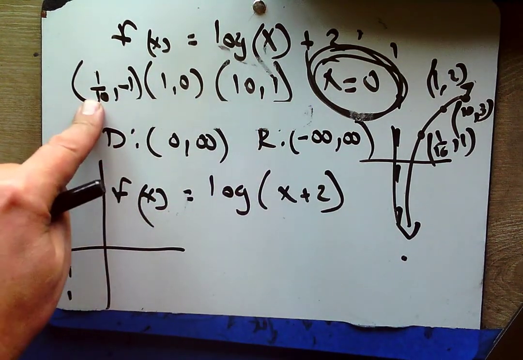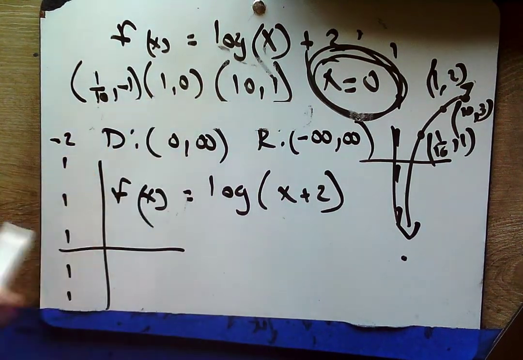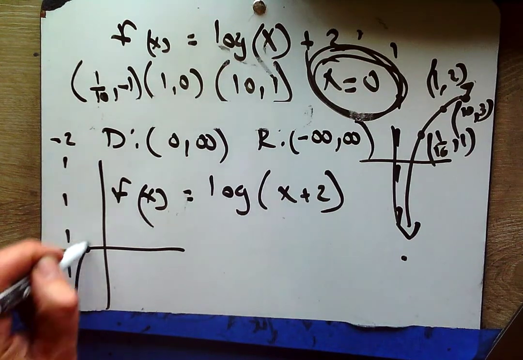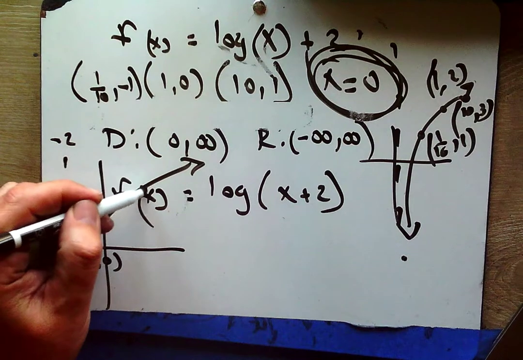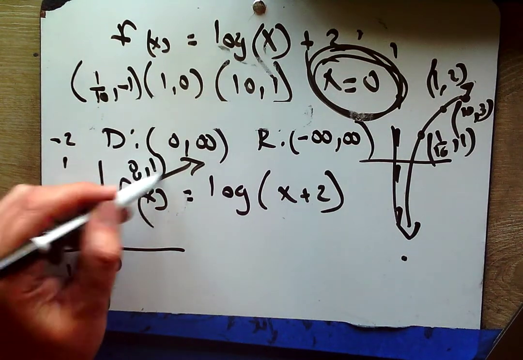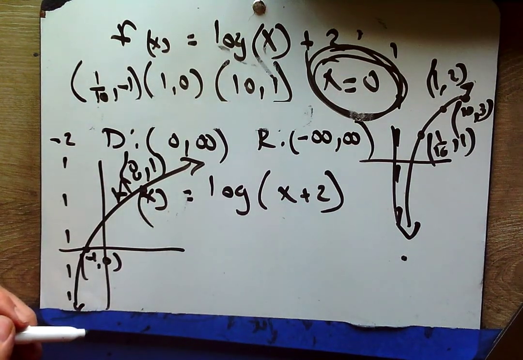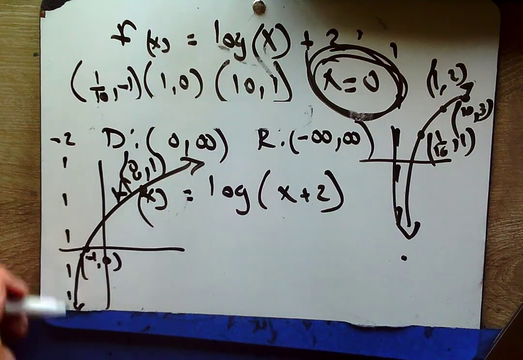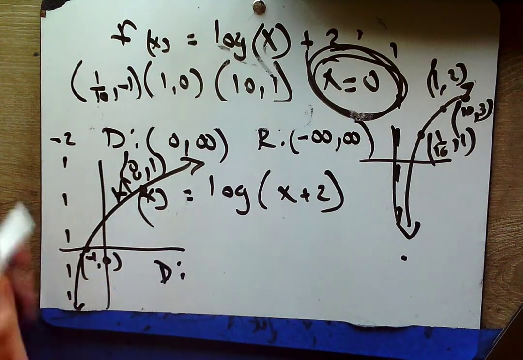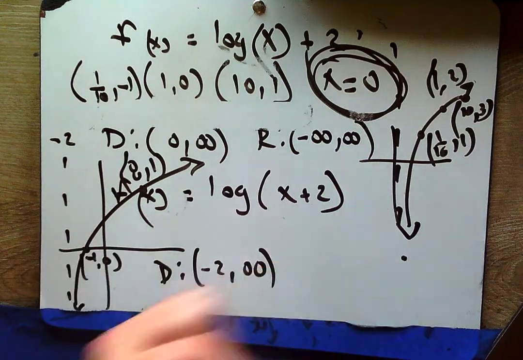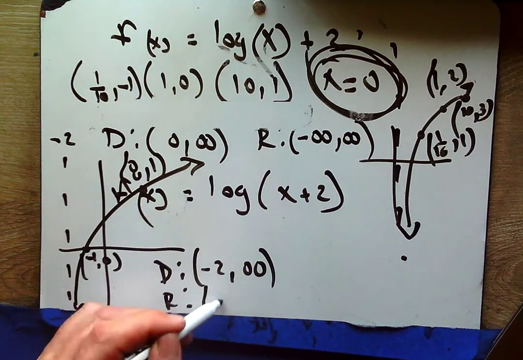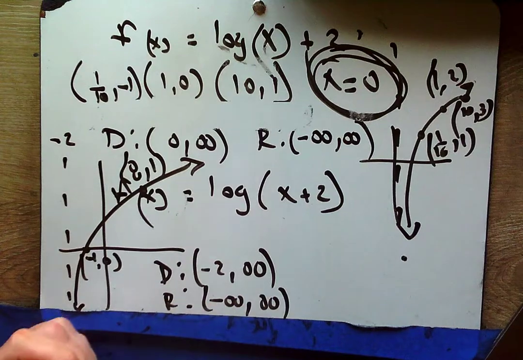So I'm subtracting 2 here, like that. So there's negative 1, 0, and here's 8, 1. Okay? So my domain then, well, the graph starts over here at negative 2 and goes forever that way. And the range is still negative infinity to infinity. Okie doke.